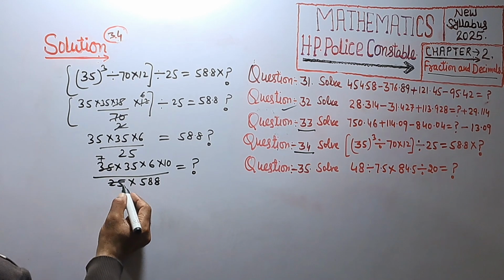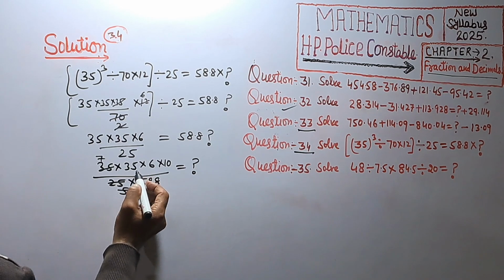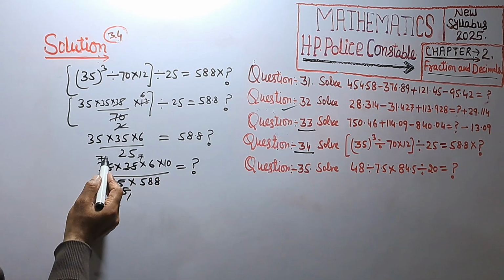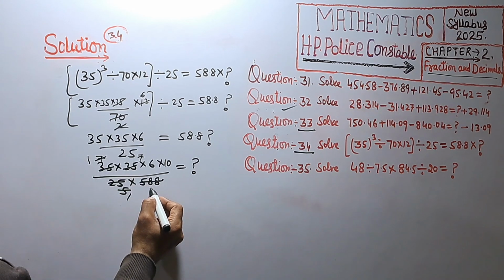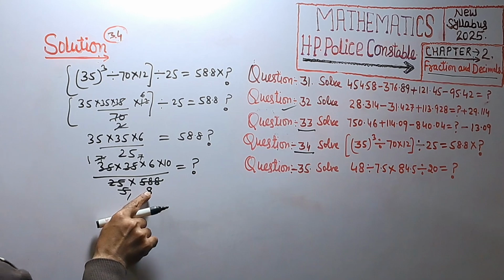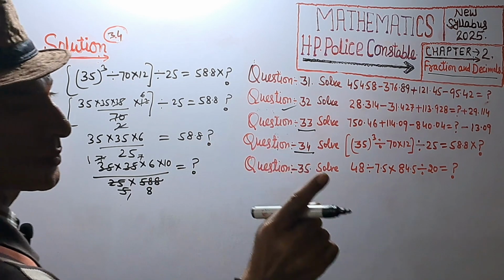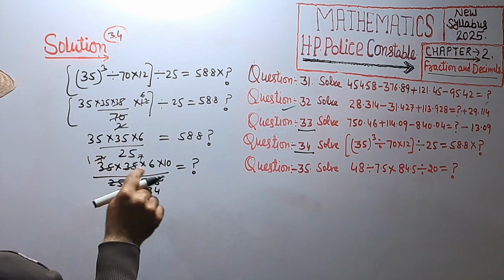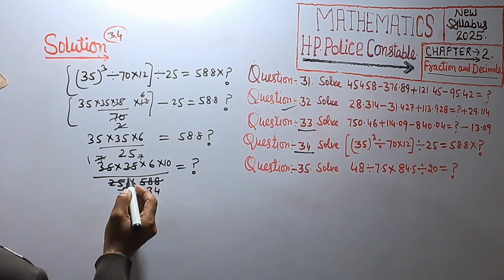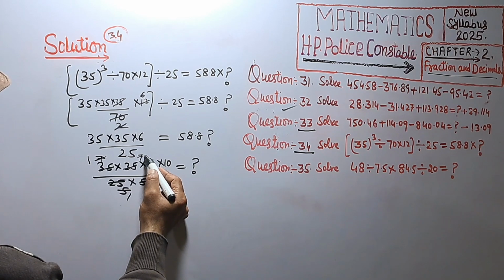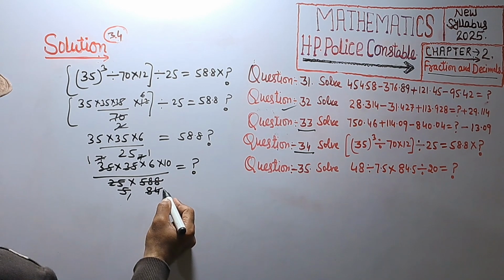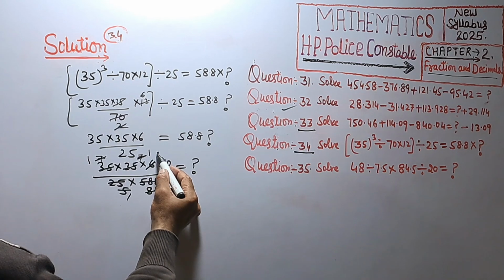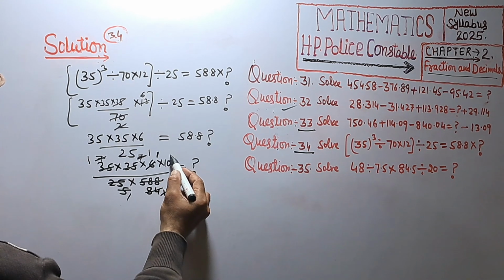5 sevens are 35, 5 fives are 25, 5 ones are 5, and 5 sevens are 35. 7 ones are 7, 8 sevens are 56, and 58 minus 56, that is equal to 2, so 28. 28 divided by 7, 7 fours are 28, and 7 ones are 7. 7 ones are 7, 7 twos are 14, 12 sevens are 84, 6 ones are 6, and 6 twos are 12, 2 ones are 2, 2 fives are 10.